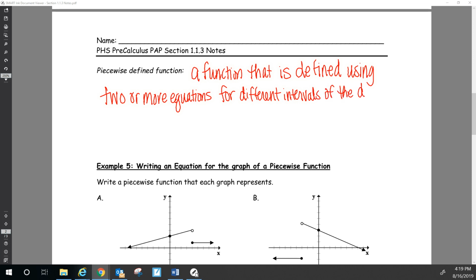So in other words, in different parts of the domain, it looks like different functions.